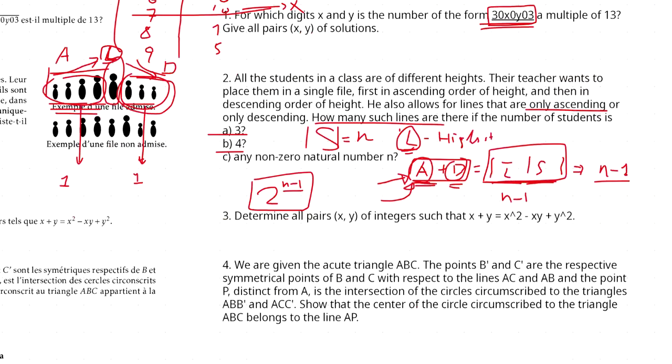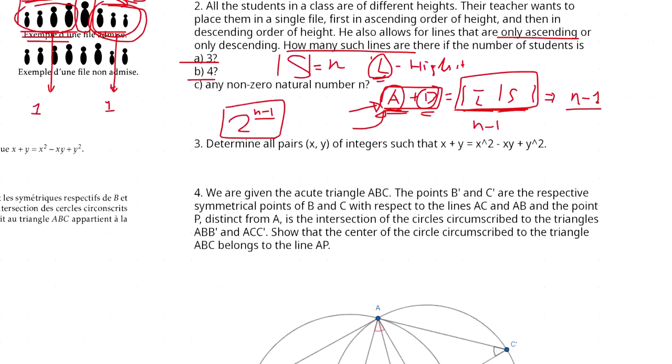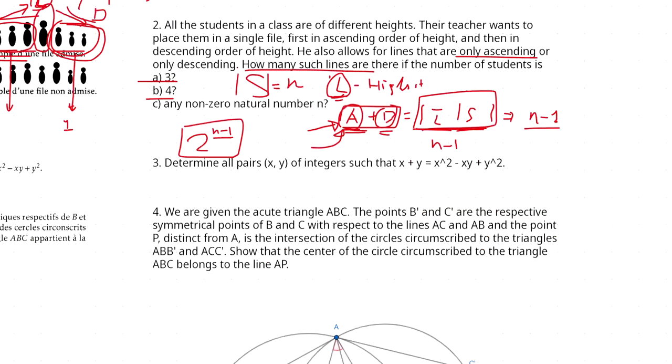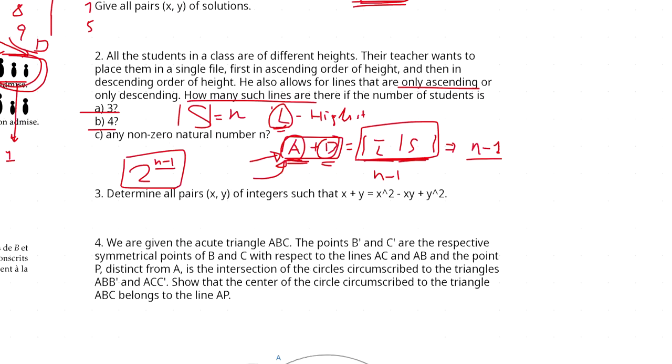Number 3 seems kind of number theory, right? We are requested to determine all the pairs of integers x, y such that x plus y equals x squared minus xy plus y squared.